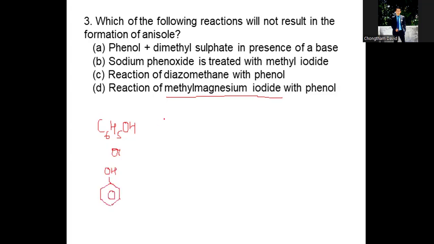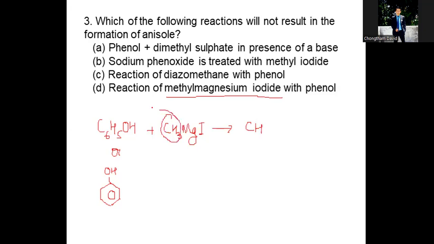Either way, this is phenol. So phenol, when treated with methyl magnesium iodide, your Grignard's reagent, reacts, because phenol has active acidic hydrogen, to give methane. Not any ether.